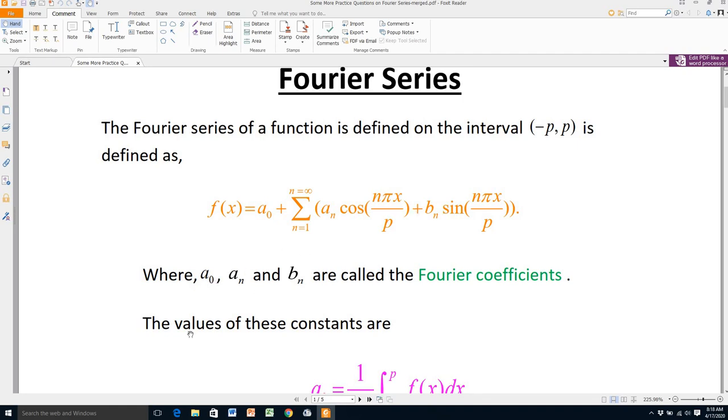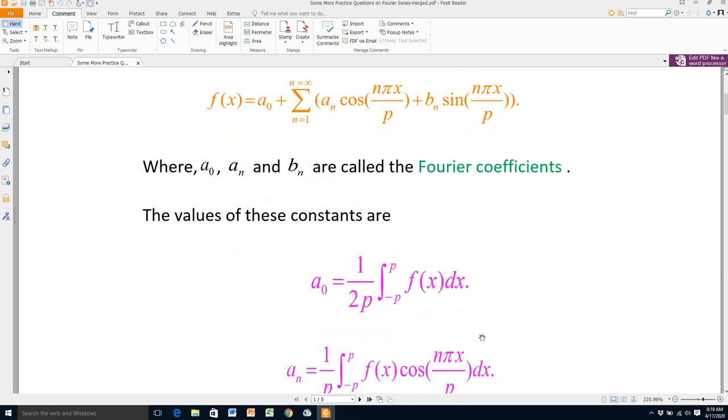Now the values of these constants: a naught is equal to 1 over 2p times the integral from minus p to p of f of x dx. In the last lecture I made a typing mistake; I wrote 2 pi, but the formula is 2p.